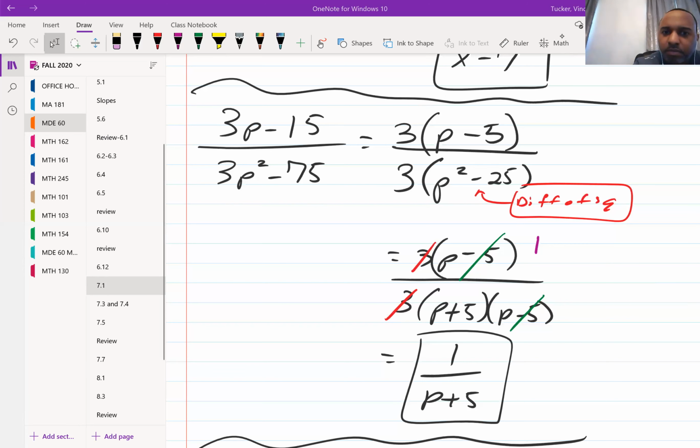So here we have p plus 1 times p minus 2 cubed and p plus 1 squared over p minus 2.